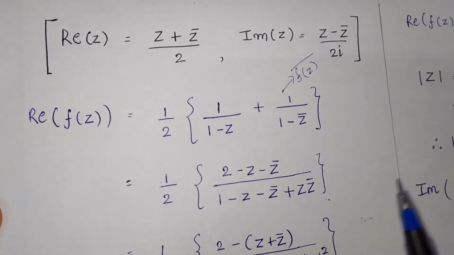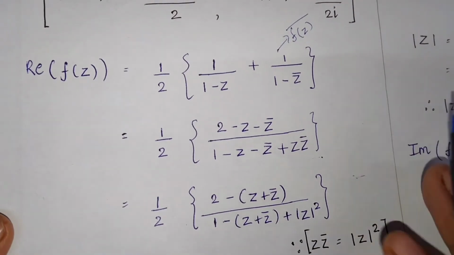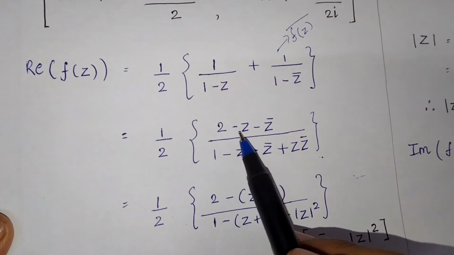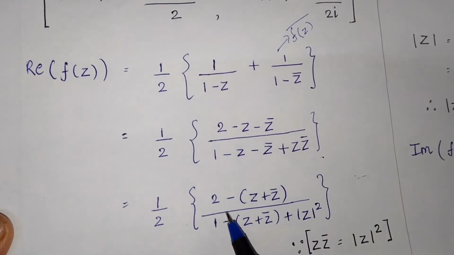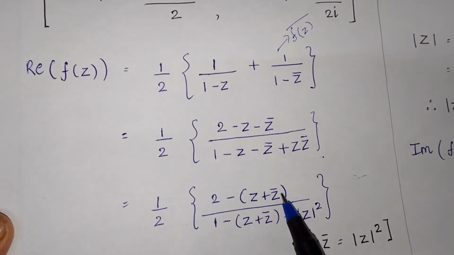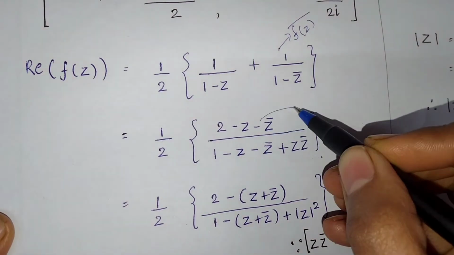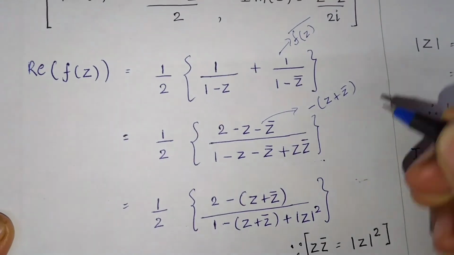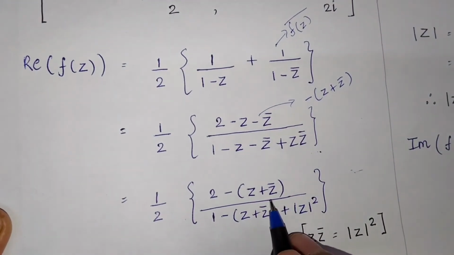And now if I take minus sign common from here, then I can write z minus z conjugate equal to minus z plus z conjugate. This term we can write like this, minus z plus z conjugate. So here I have written that term.